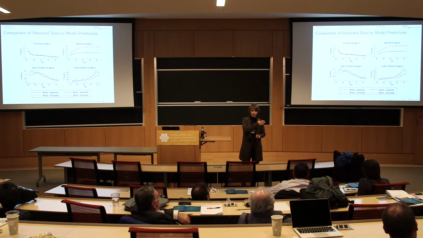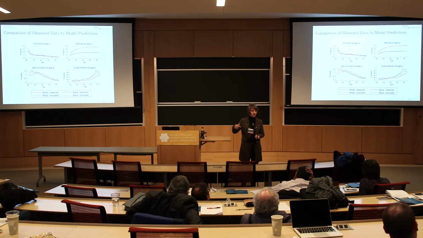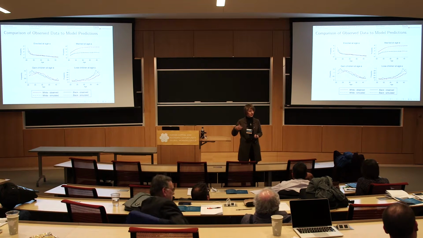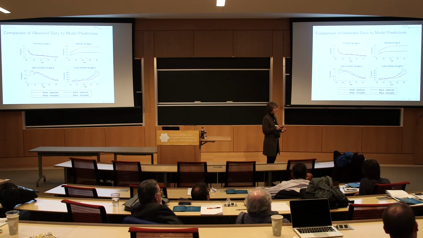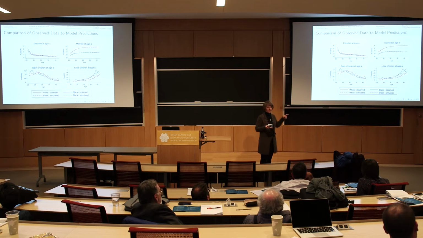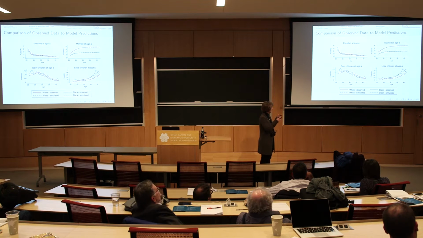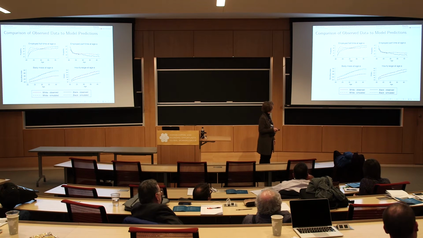I let the model explain or predict your behavior in terms of schooling, employment, marital status, and child accumulation, as well as wages and evolution of body mass. And you can see that it fits pretty well. Here I've shown you differences by black and white females.